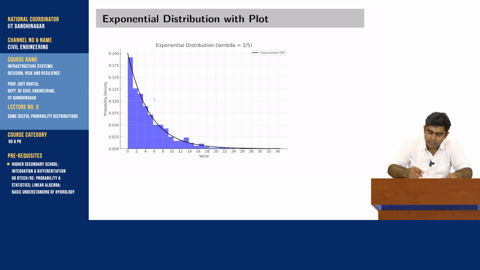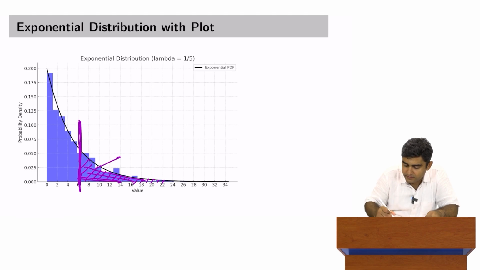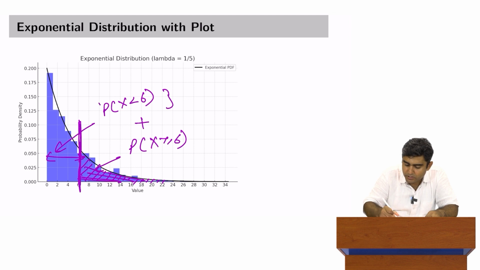And again, if we ask the question of interest, what is the probability that flood level will exceed 6 feet, we are essentially interested in the area that I just hatched now. So this is the probability of x greater than or equal to 6. This particular area is probability of x less than or equal to 6, and the sum total of these two numbers again comes out to be 1.